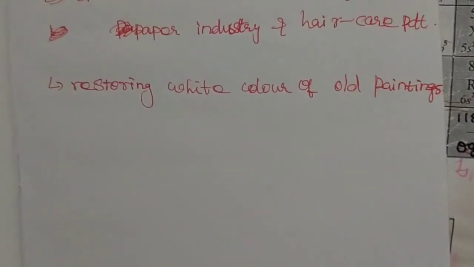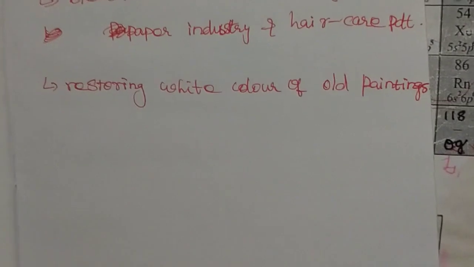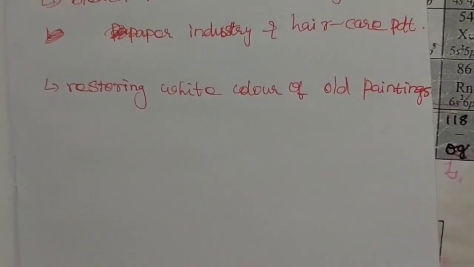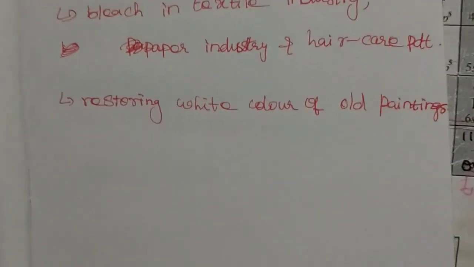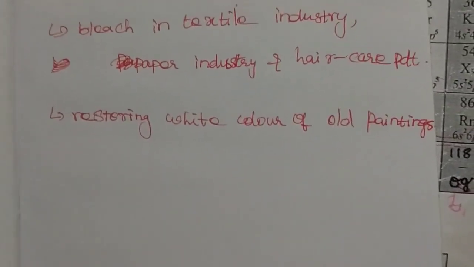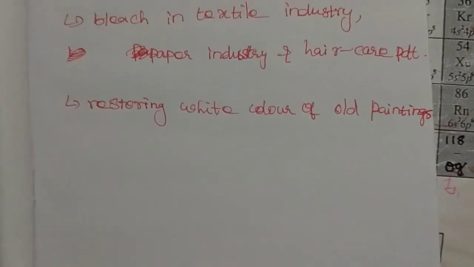It turns that white color into black color. That means the compound is converted into lead sulfide. Now, hydrogen peroxide is used here to restore that white color.